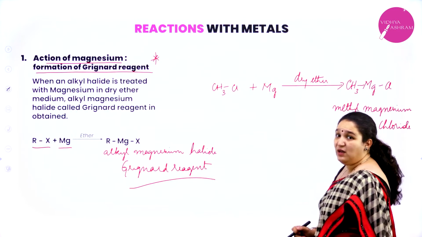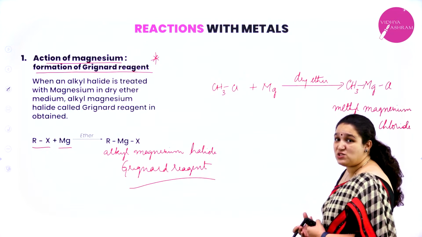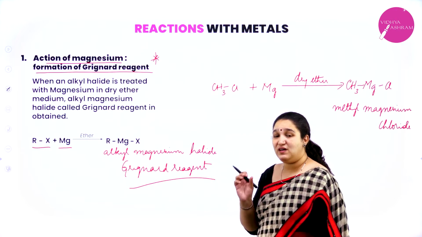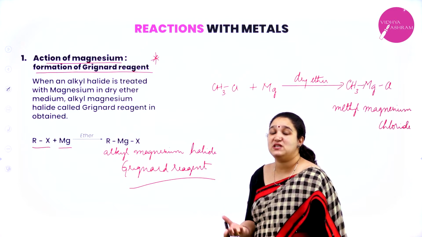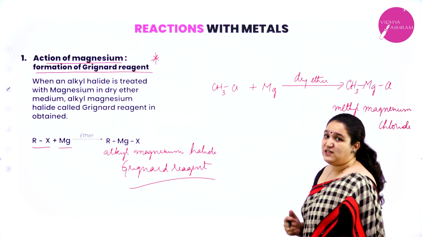Why dry ether? Because the Grignard reagent which is formed is very reactive in the presence of water. That's why we are using dry ether as the solvent. The word dry is used for the absence of water. Okay, that is the first reaction.